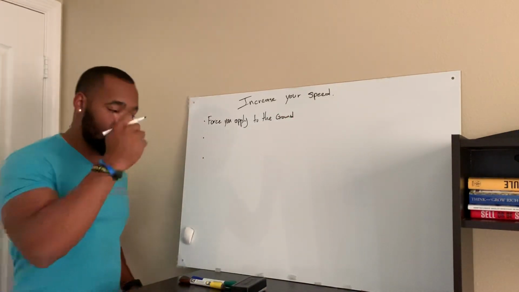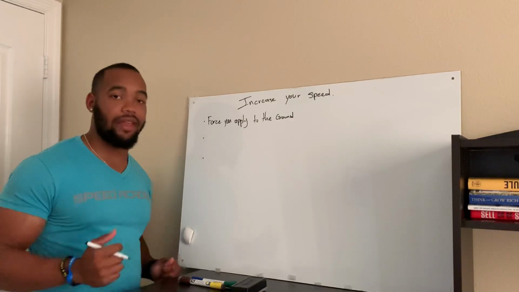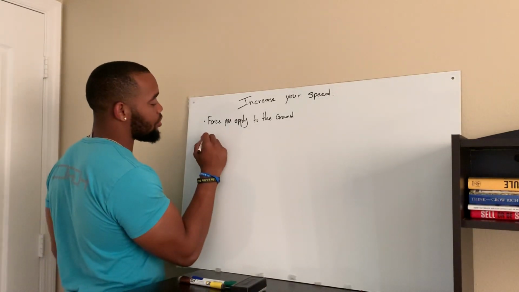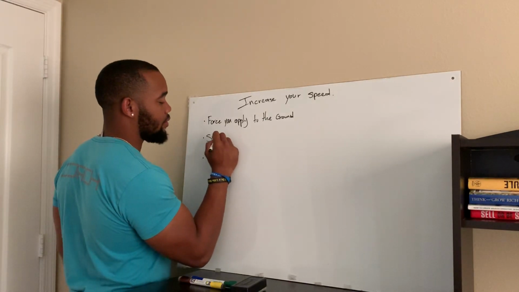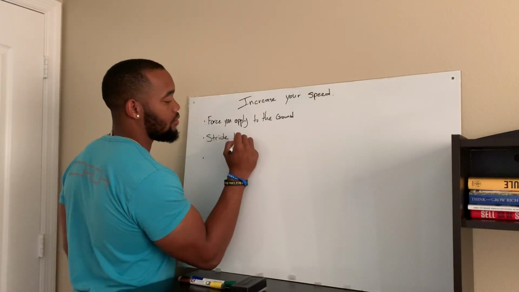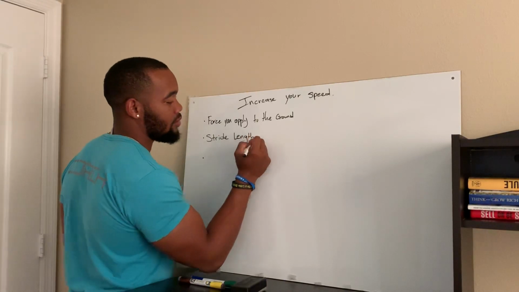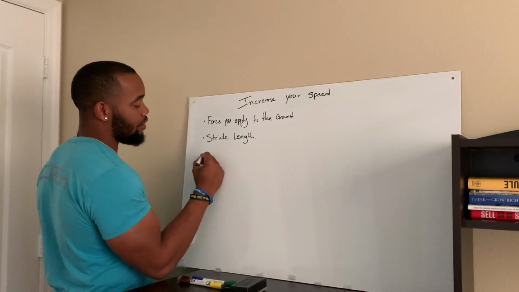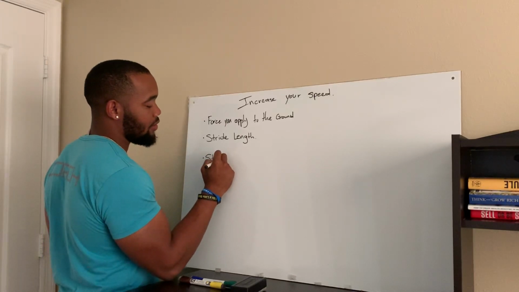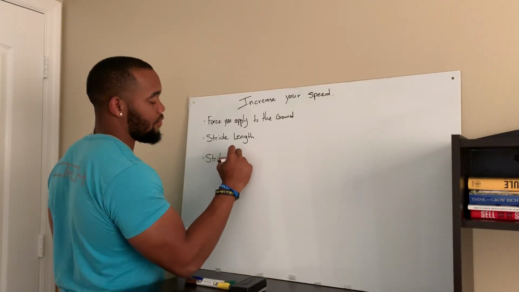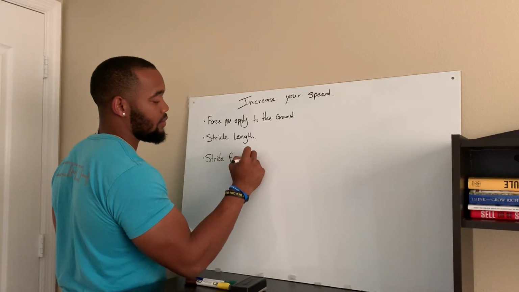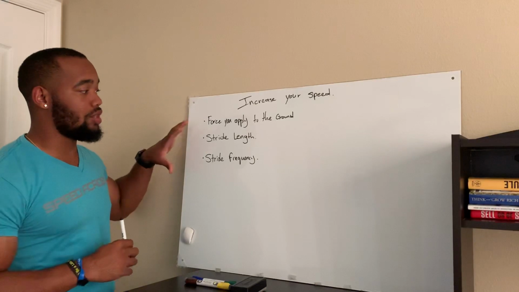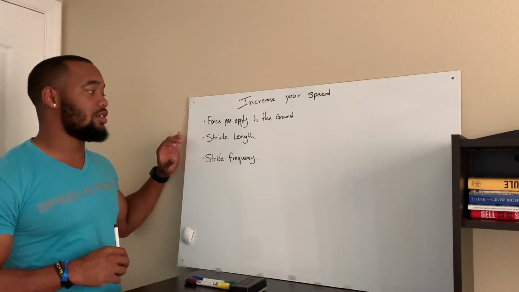So that's basically how hard you're planting to move forward. Number 2 would be stride length. And that's how long your strides are. And number 3 would be stride frequency. And that's the 3 main components of how to get faster.